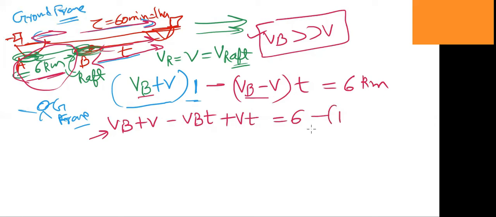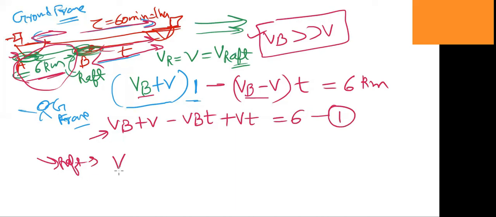Now we're going to make the second equation. The second equation is just simple for this raft. The total time which the boat took to travel and meet at point B is 1 hour plus t. Basically the same time is for the raft to travel 6 kilometers. So making the raft equation, it will be just v, because it's flowing with the flow of the river.